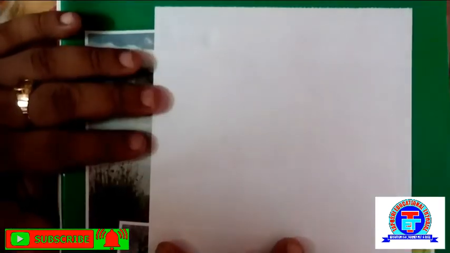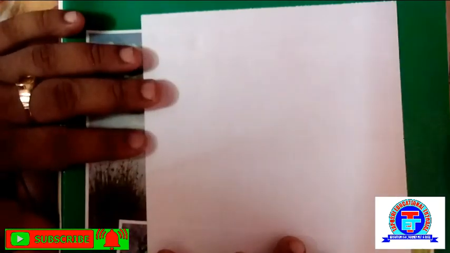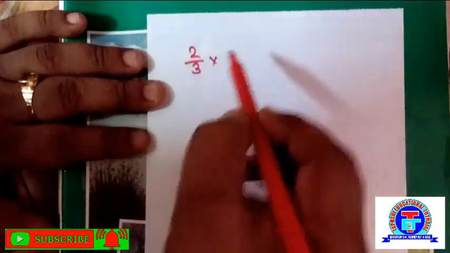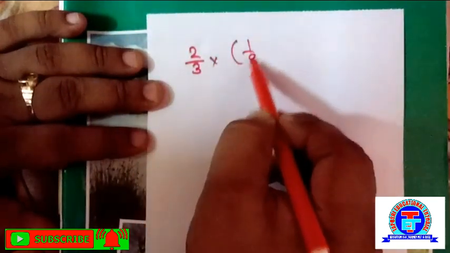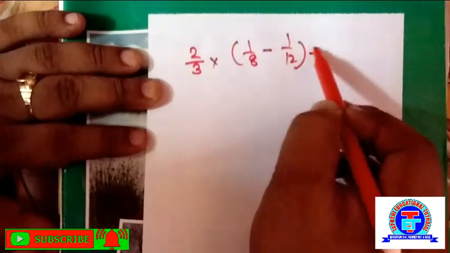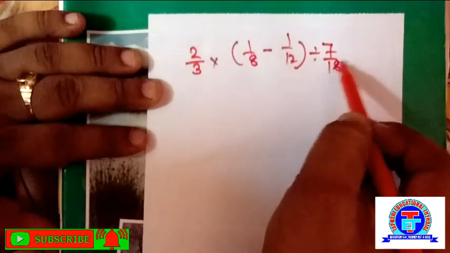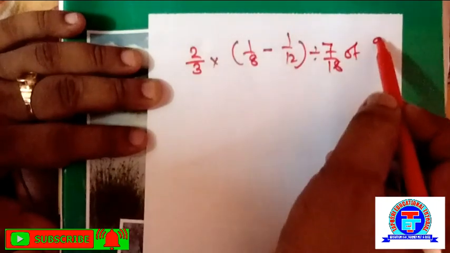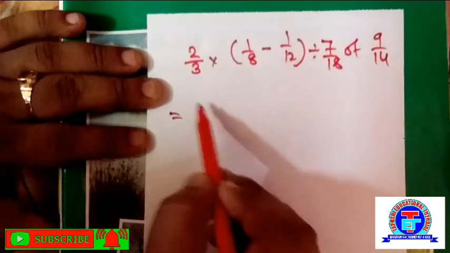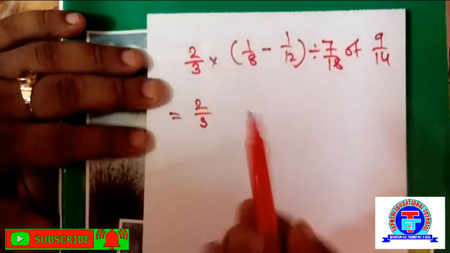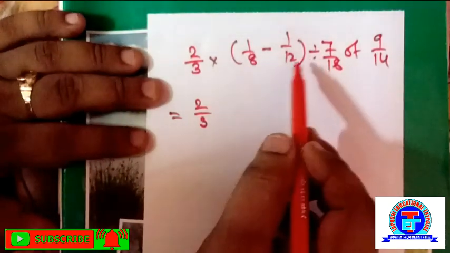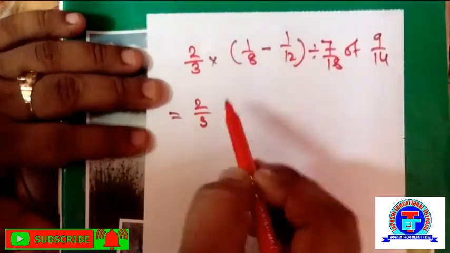Now my dear student, here we solve the other simplification. Okay, here given 2 by 3 multiply 1 by 8 minus 1 by 12 divided 7 by 18 of 9 by 14, right? So we do here 2 by 3, here we also follow the BODMAS rules, right? So first we solve the bracket portion.